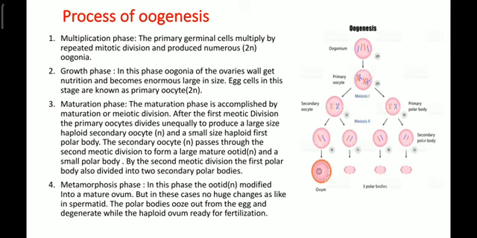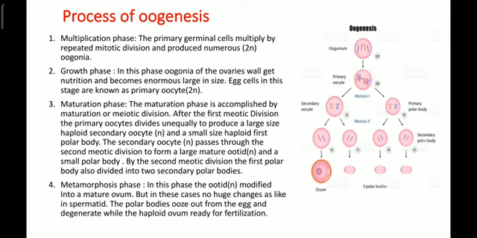And the secondary oocyte again undergoes the second meiotic division to produce a large oocyte and a small polar body. Similarly, the primary polar body undergoes the second meiotic cell division to produce two very small secondary polar bodies.